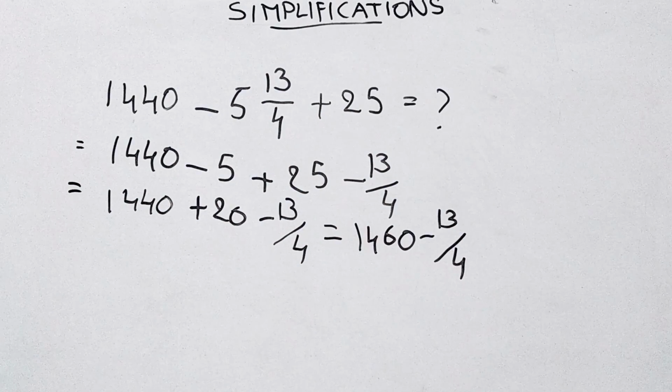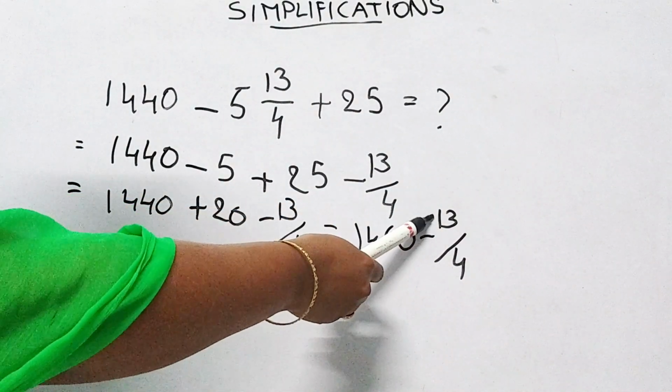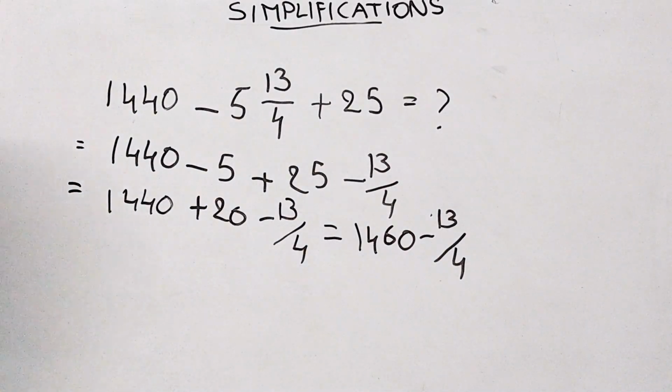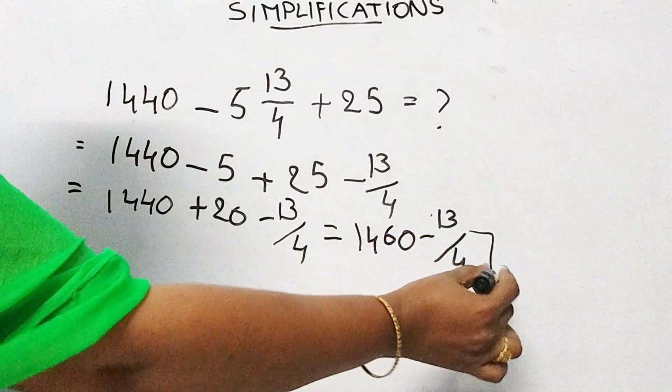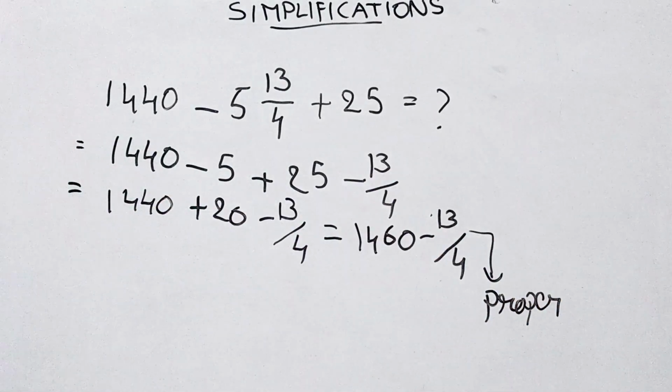Here the numerator is more than the denominator, so this is an improper fraction, not a proper fraction. So we could not apply that shortcut which I told you in earlier questions.